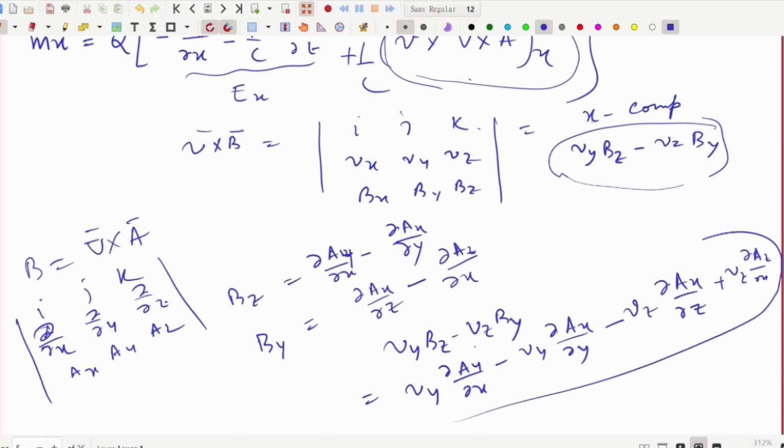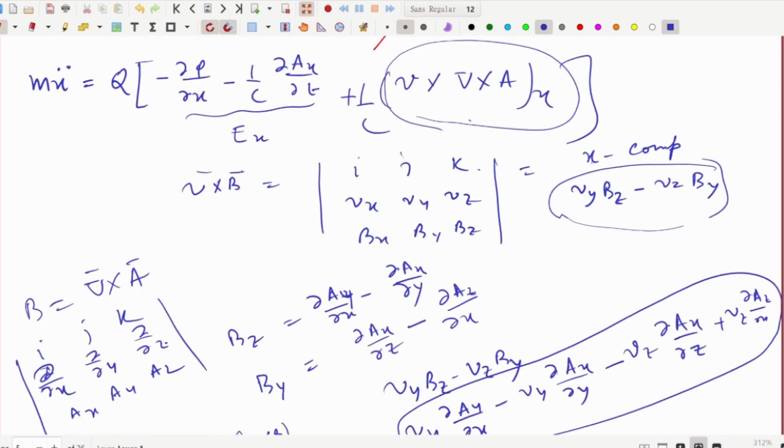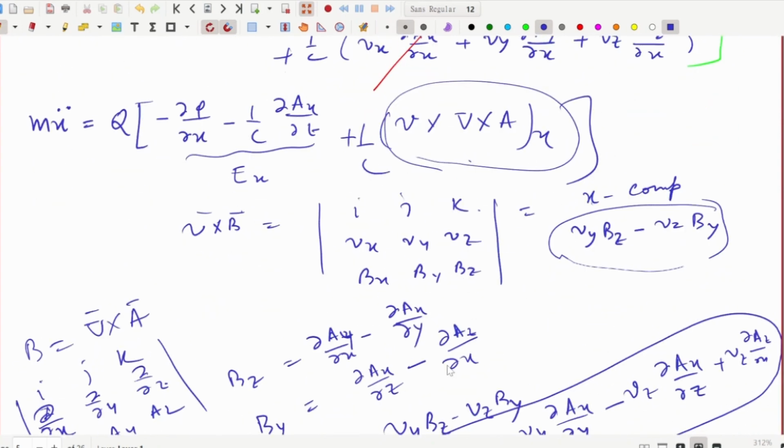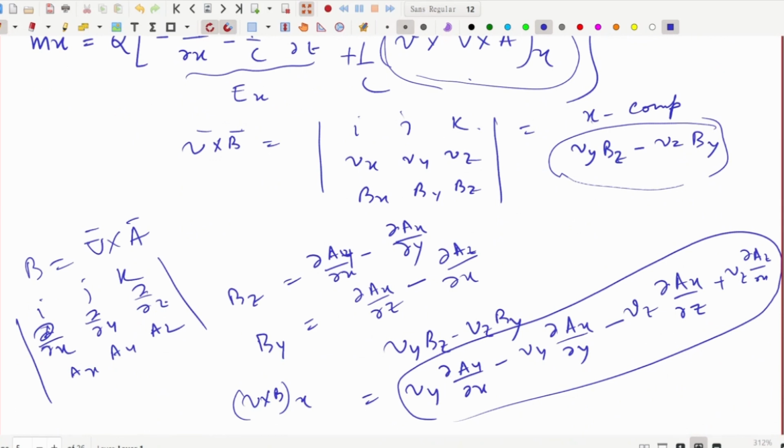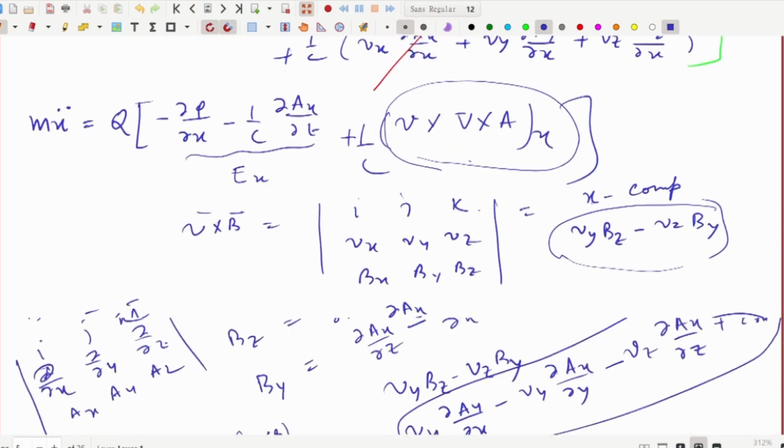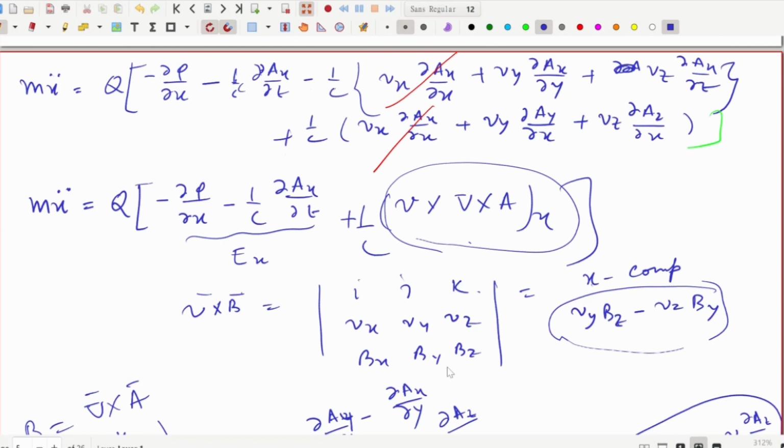Now, this is your V cross B x component. Okay. So, now let us match the terms in the equation. We have a term with positive sign, V y del A y del x, and this term is matching.